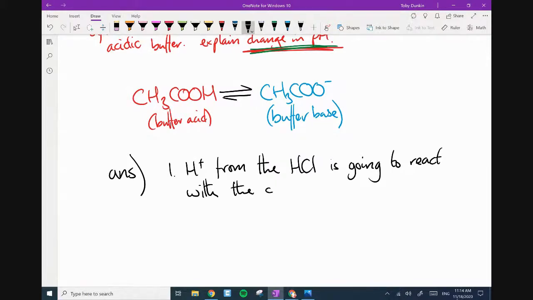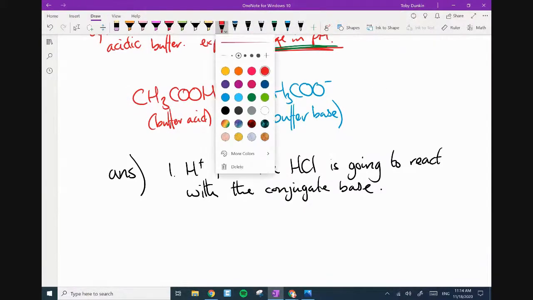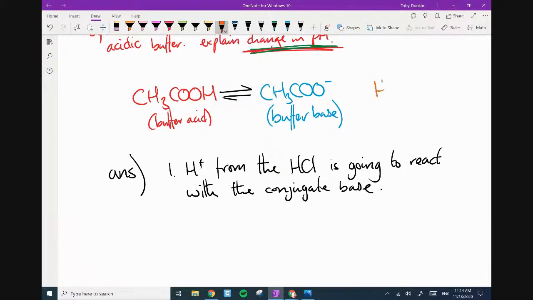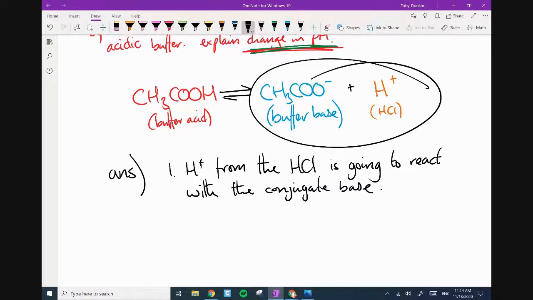This is Nikita's addition, H plus from HCl. We've stated what the HCl is providing, which is H plus, and it is now going to react with the conjugate base. That is step number one in my explanation.